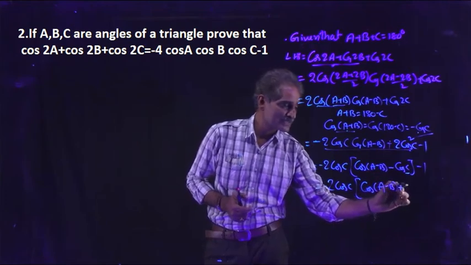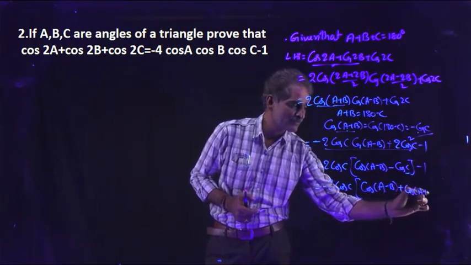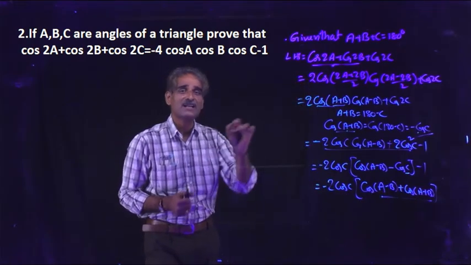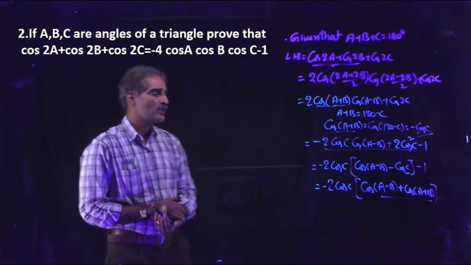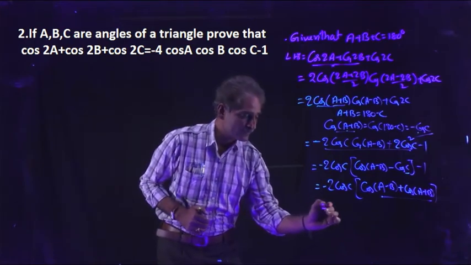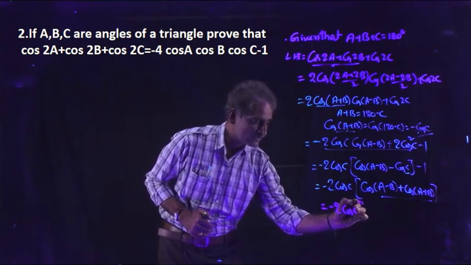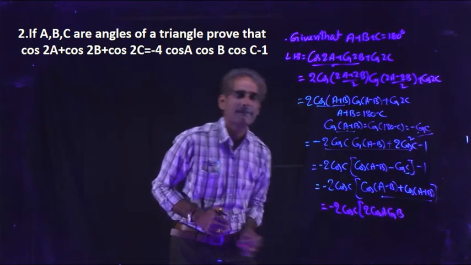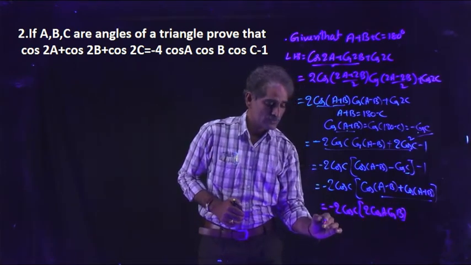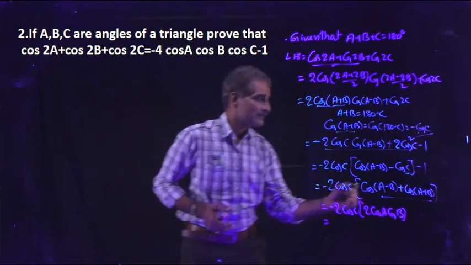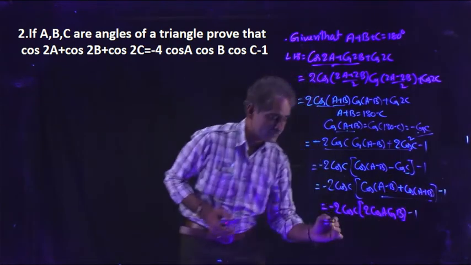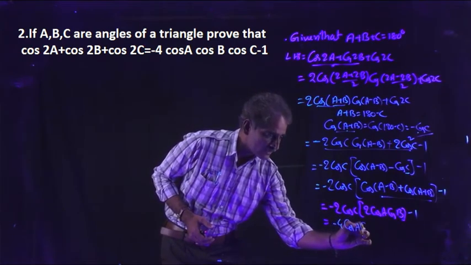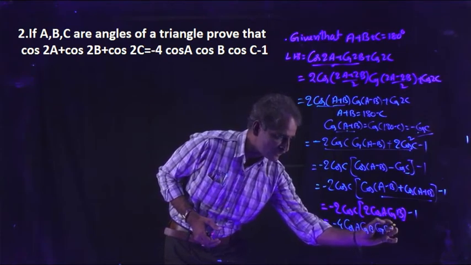That means we will get plus cos of A plus B. This is the standard formula: cos (A plus B) plus cos (A minus B) is 2 cos A cos B. Minus 2 cos C into 2 cos A cos B. So simply this is nothing but, minus 1 is there, 2 into 2, minus 4 cos A cos B cos C minus 1. This is the answer.